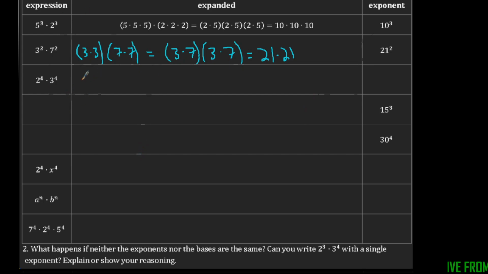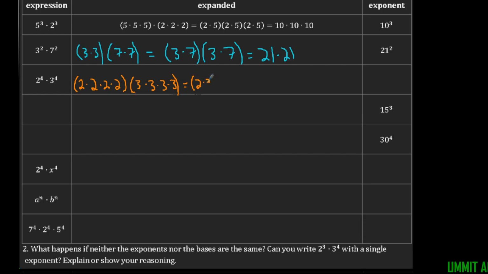For the next one, same idea, we're going to do 2 times 2 times 2 times 2, because we have 4 of these 2's multiplied together. Then we have 3 times 3 times 3 times 3, because we have 3 to the fourth power. Now group those together.